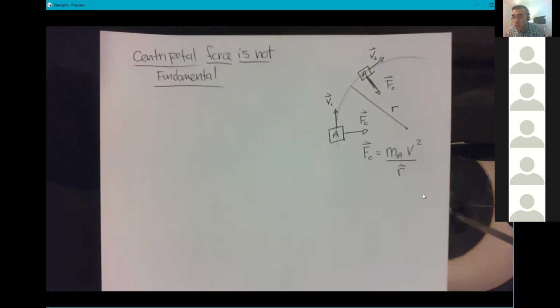When I say centripetal force is not fundamental, I mean that in a problem. If you were asked a concept question, what force is driving the motion, and you say centripetal force, you have a major gap in your understanding of how this works.